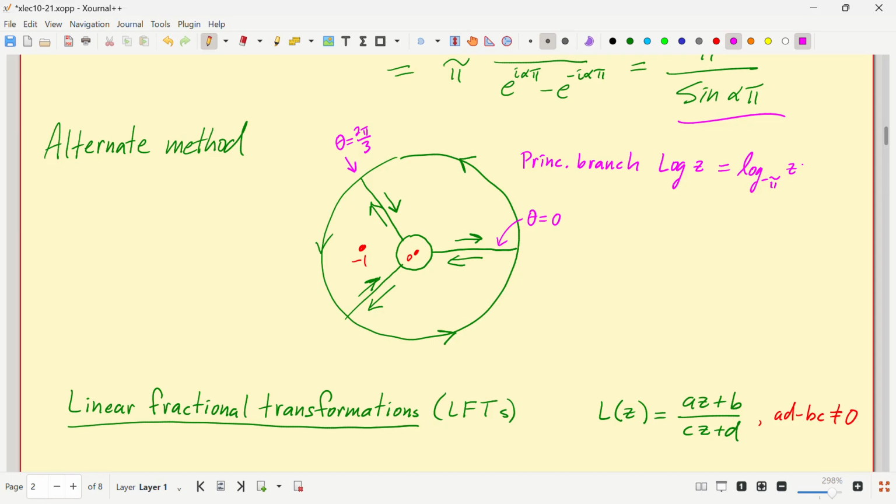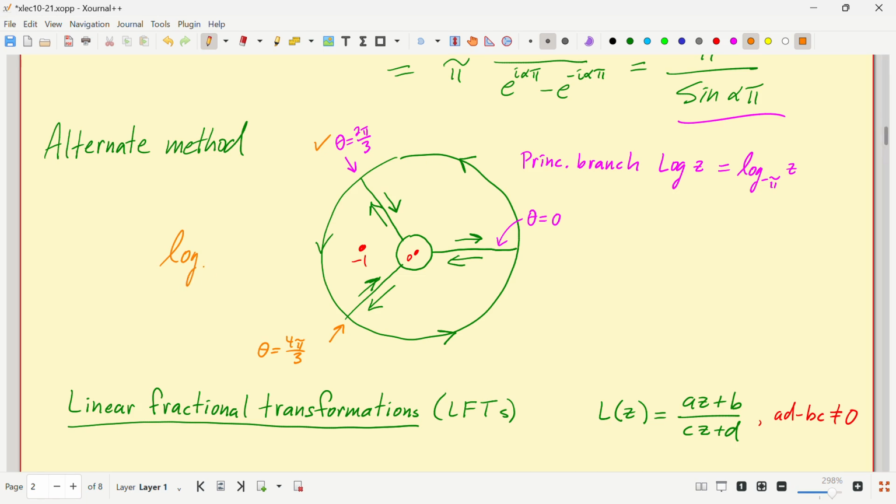Then on this piece of the pie, I'll use a different color. How about orange? I want this theta to be 2 pi over 3, and so this theta, what would it be? 4 pi over 3. And so to do that, I would use the log of what?